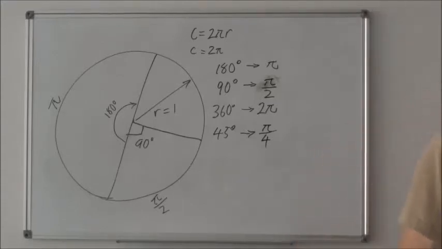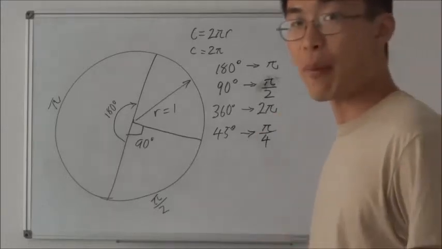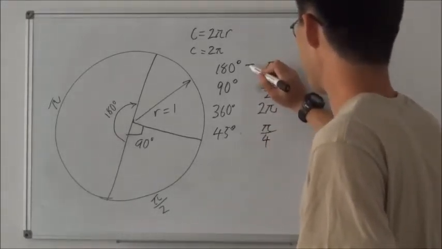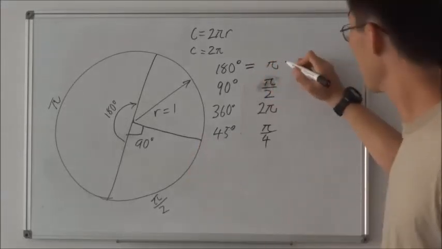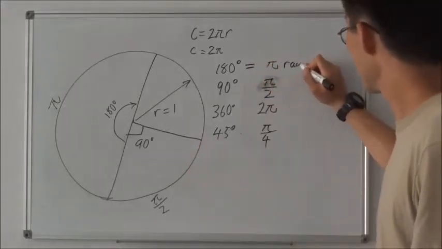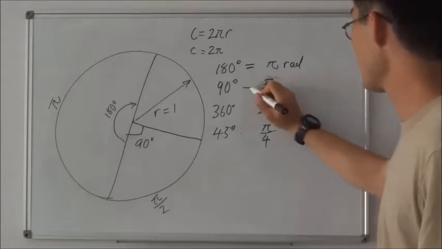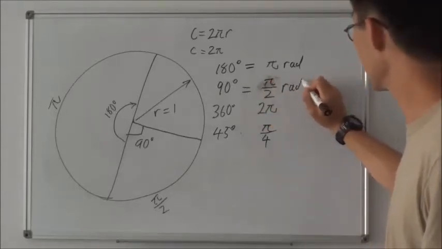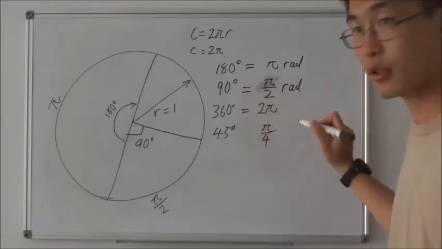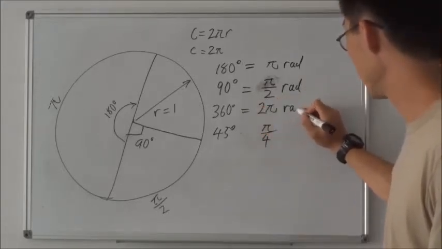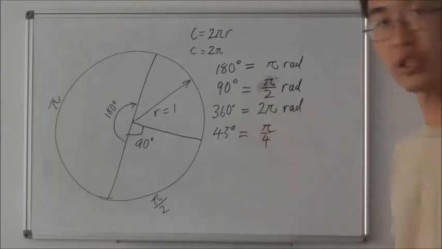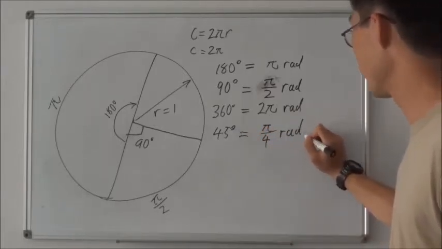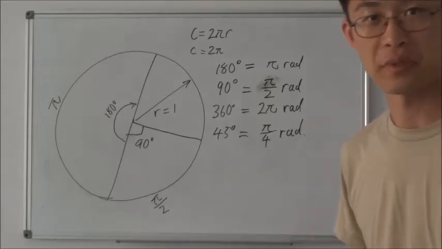So in any arbitrary angle, any random angle, we would say 180 degrees equals pi radian. 90 degrees equals half pi radian. And 360 degrees equals 2 pi radian. And 45 degrees corresponds to pi over 4 radian. I hope this answers your question.